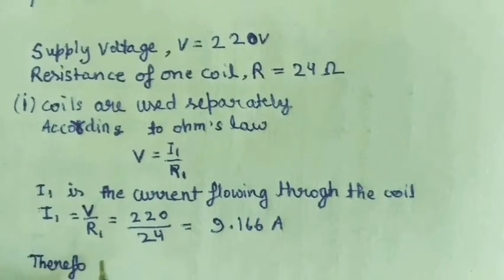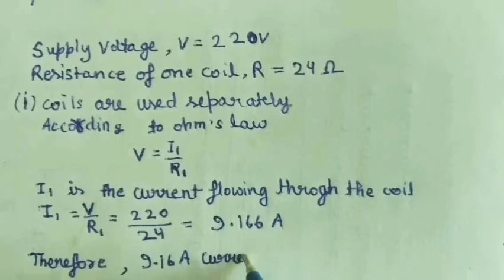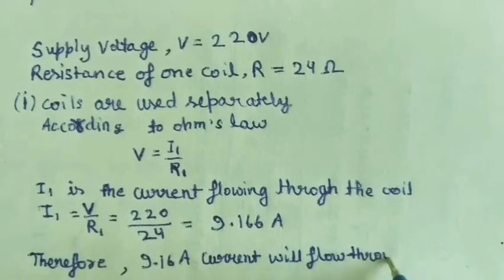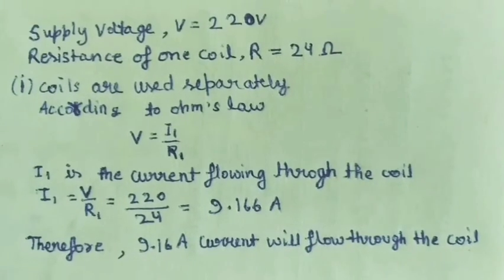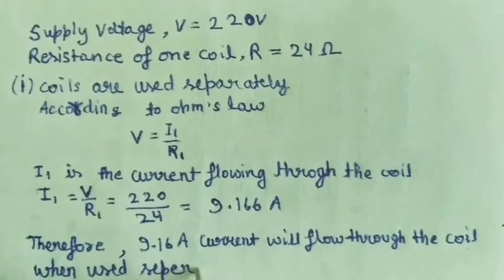Therefore, 9.166 ampere current will flow through the coil when used separately.